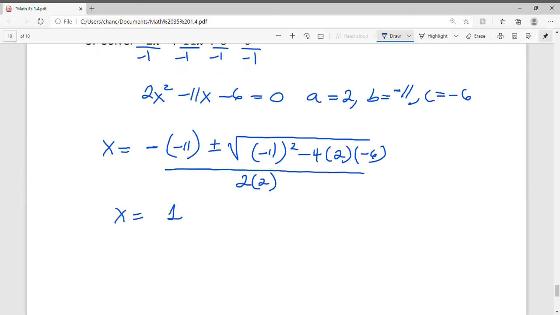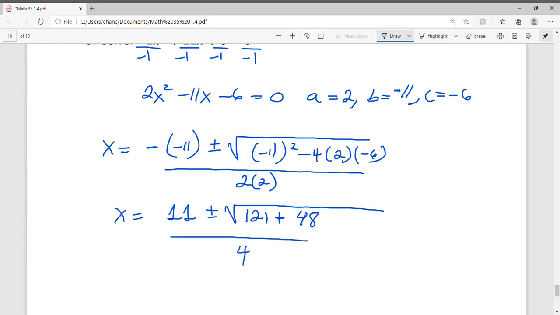This is positive 11 here, plus or minus the square root. This is 121 minus, oh actually it's a plus since there's two negatives, plus 48, divided by 4. And this gives us 11 plus or minus the square root of 169, over 4.